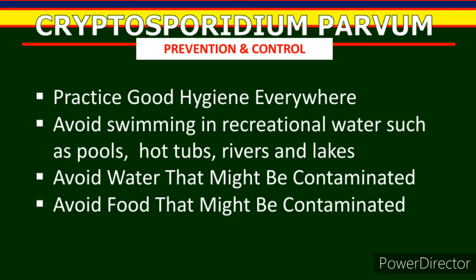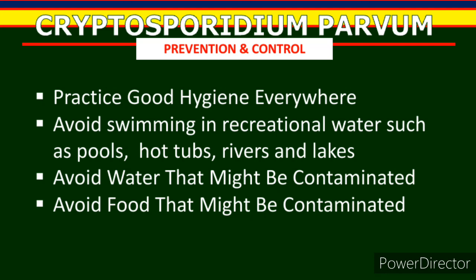For prevention and control, practice good hygiene everywhere. To keep safe, wash your hands with soap and water. Note that alcohol-based hand sanitizers are not effective against crypto. Avoid swimming in recreational water such as pools, hot tubs, rivers, and lakes.